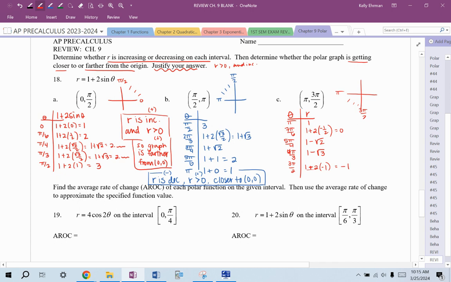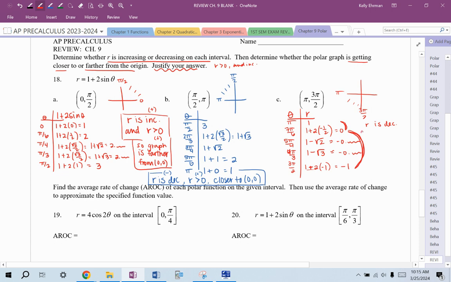0 to 1 to negative 0 point something to negative 0 point something a little bit further down to negative 1. So r is decreasing, but two different things are happening. From pi to 7 pi over 6, you've got positive r values until you hit 0, and then you've got negative r values. So there are two different things that are happening here.